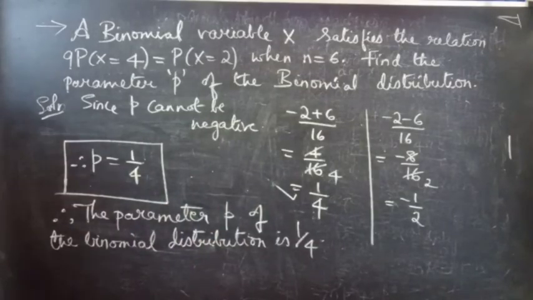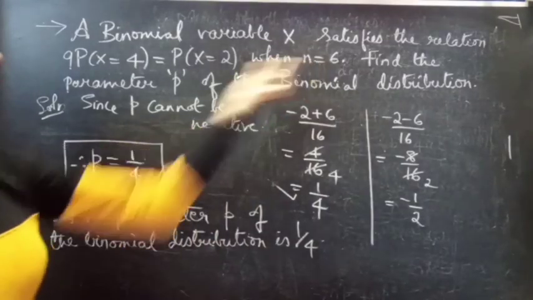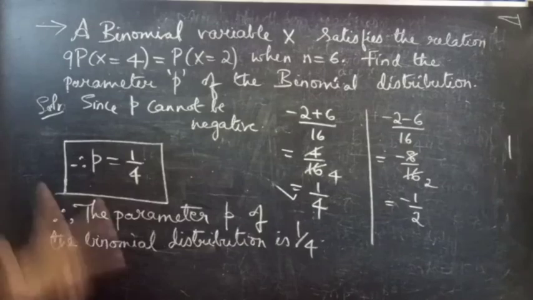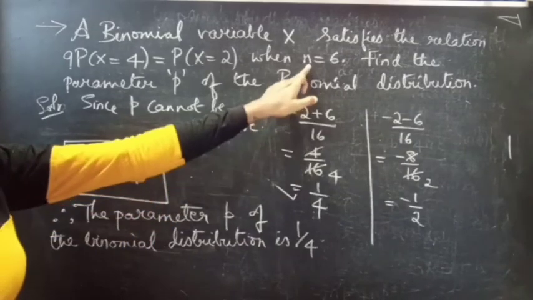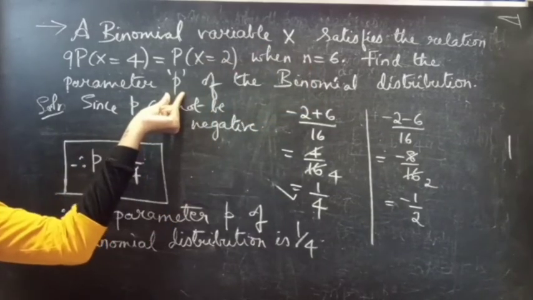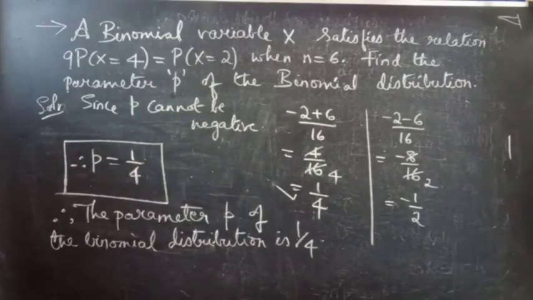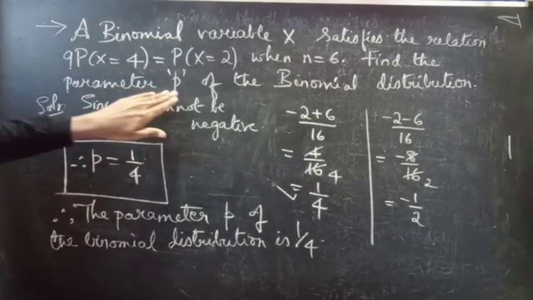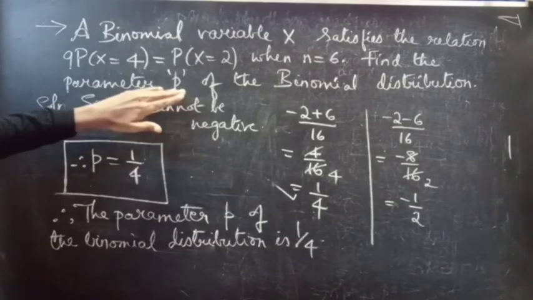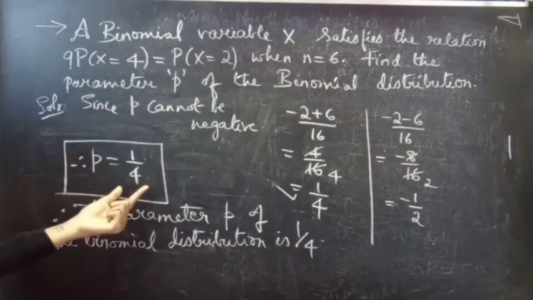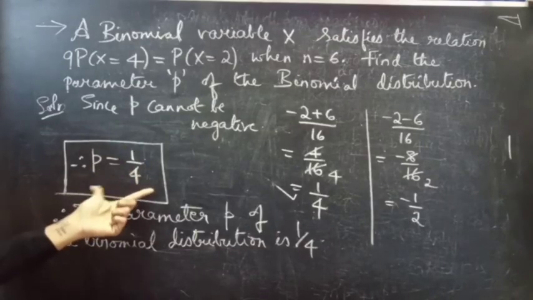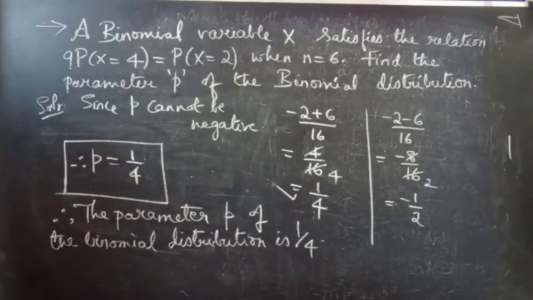In the binomial distribution, we have two parameters, one is n and the other is p. But here we are given the value of n and we are asked to find the value of p. For that reason, we found the value of p, which is equal to 1 by 4. This completes the problem.